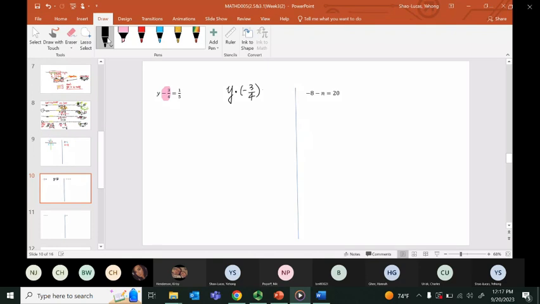If it's y times -3/4, you would multiply by the flipped 4/3. But right here, we don't have parentheses around the -3/4, which means the operation is just a subtraction, not multiplication and not times.